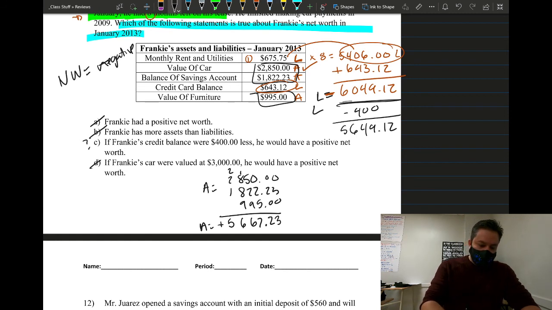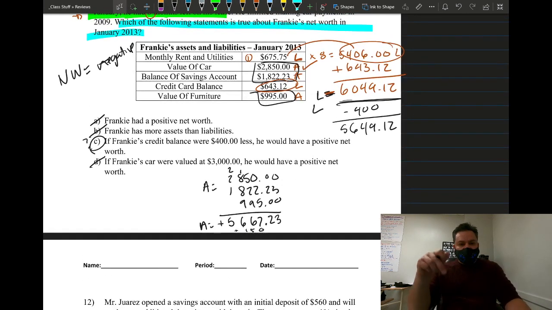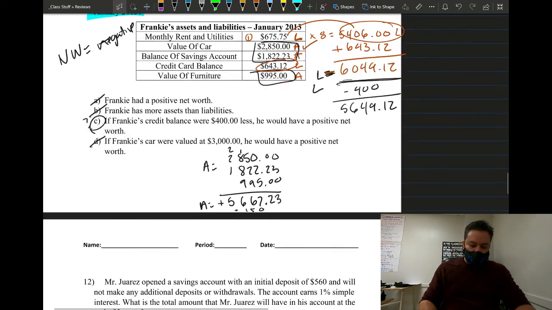No. So the answer is in fact C. How do you find out? Well, we just change this number to 3,000, but I can already tell that if I add $115 to this, it's not going to be as much as that one right there. Next one. Any questions? Please leave them down in the comments, and I'll be glad to help you.